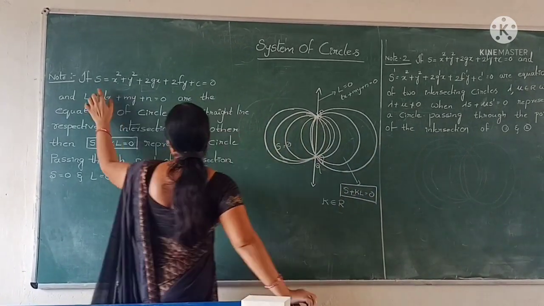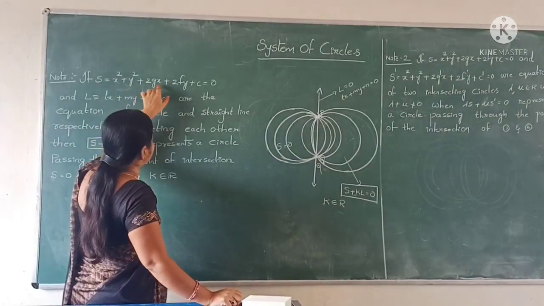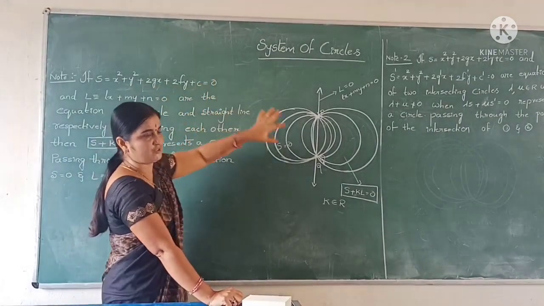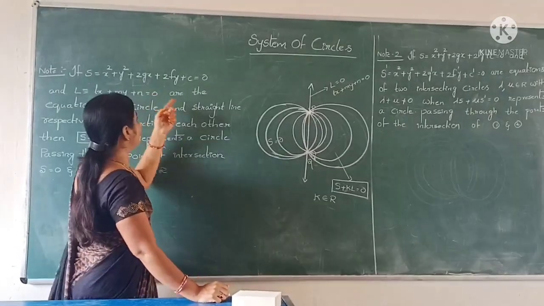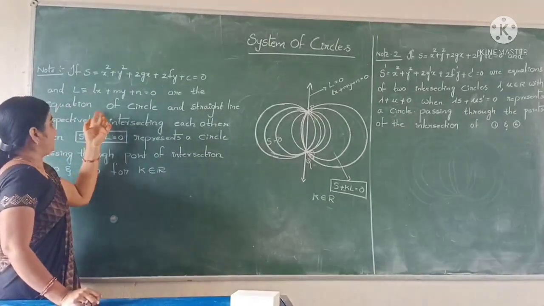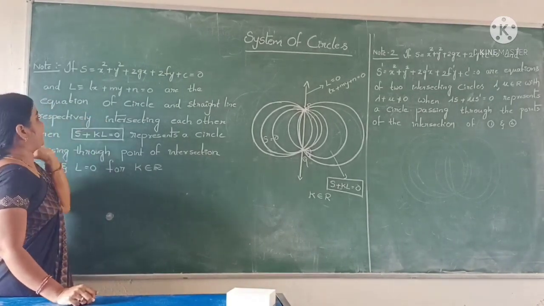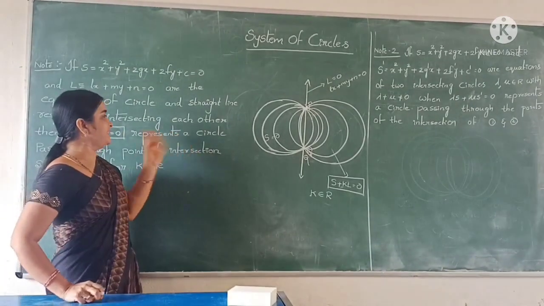So what is given? S equals x square plus y square plus 2gx plus 2fy plus c equals 0 and the line Lx plus My plus N equals 0 are the equation of a circle and a straight line respectively, intersecting each other.